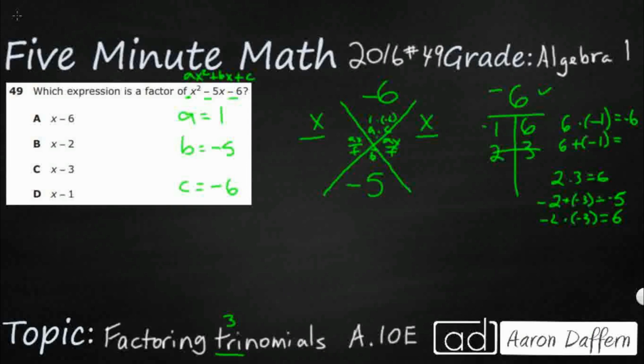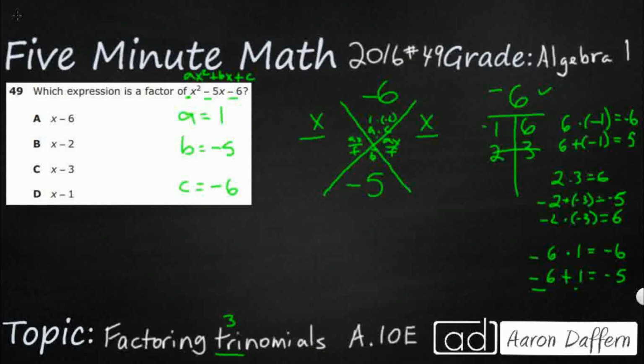Well, that would get me 5. Not quite what I'm looking for, so what if I flipped? What if I made it negative 6 times a positive 1? Okay, so we're still playing with it. And then negative 6 plus 1. There we go. All right, so it's going to be the negative 6 plus 1. That's what's finally going to get there.